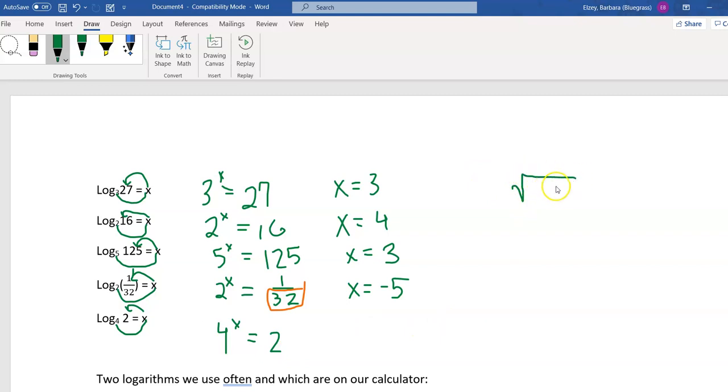The square root of 9 we know is 3, for example. Well, the square root is really the same thing as the 1/2 power. It's a fractional power, all right? So really this same equation right here can be written like that, all right?